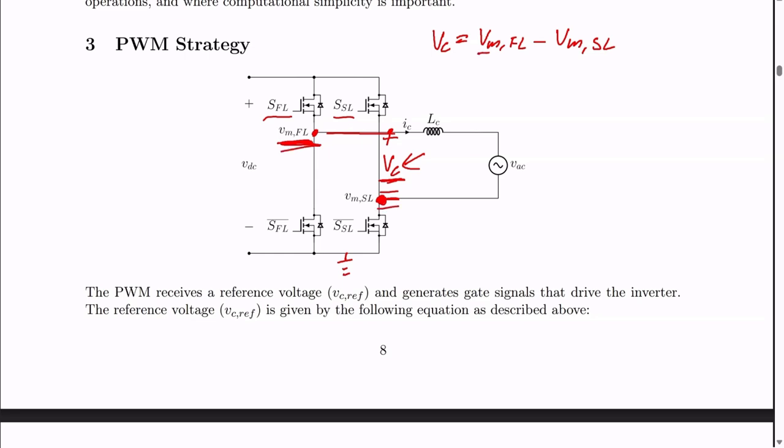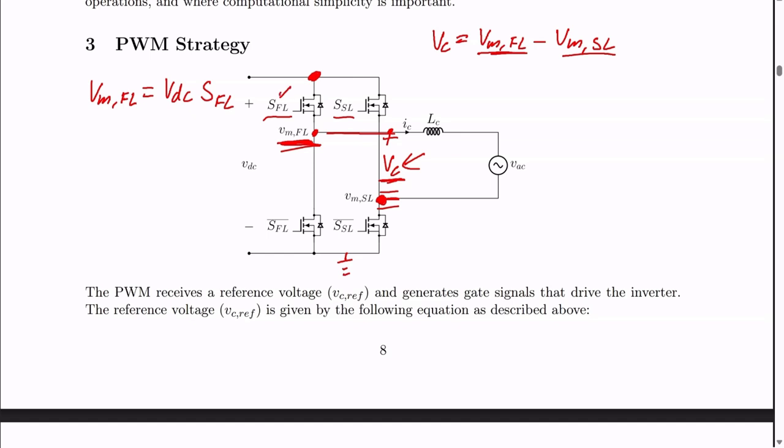And now we want to find these two modulation voltages. They can be determined by the gate signal. So VMFL should be equal to VDC times the gate signal. The reason why this is correct is because this is the VDC voltage.